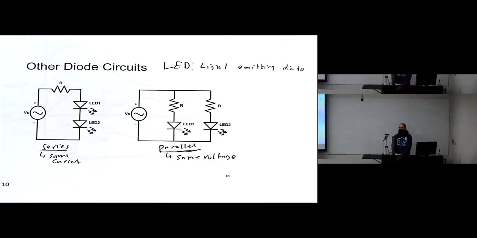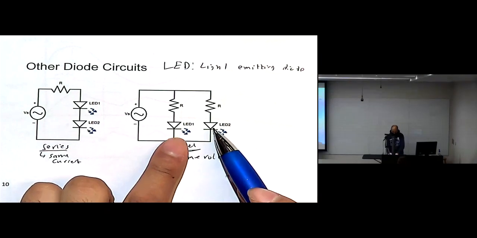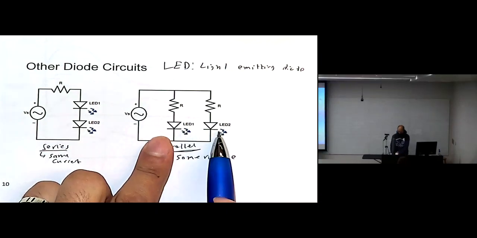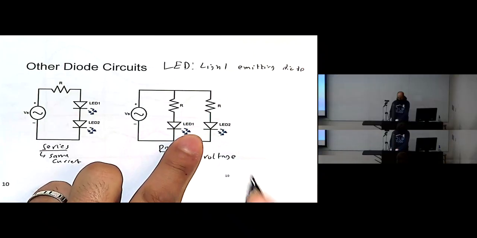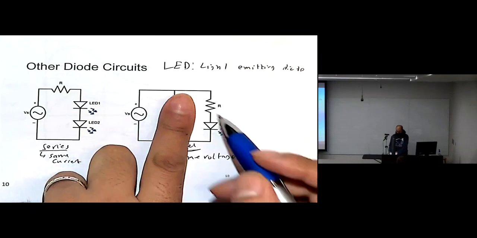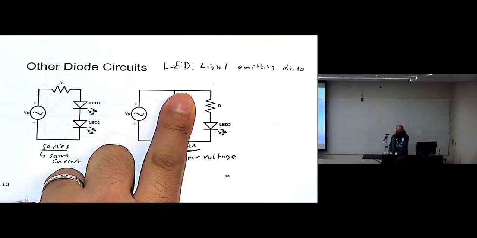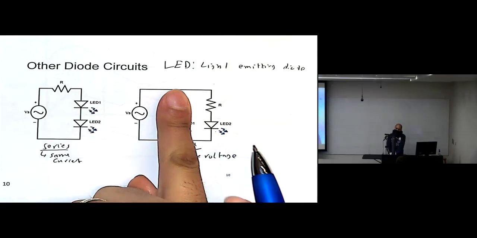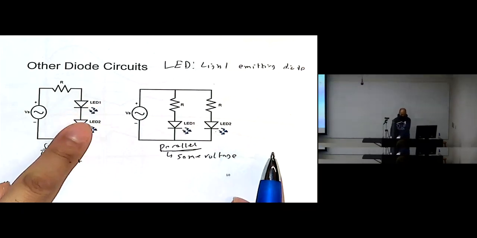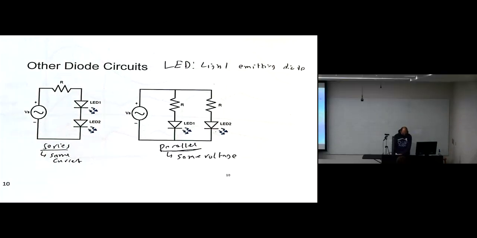So this is not a good approach because they will all be turned off. While in the equivalent parallel circuit, if there was something wrong with LED number 1, the current will not flow here. That's fine. The current can still flow here and can still flow for the others. So if there's something wrong, that's fine. The circuit can still work. While here the circuit cannot work if one of them was not working. Okay?